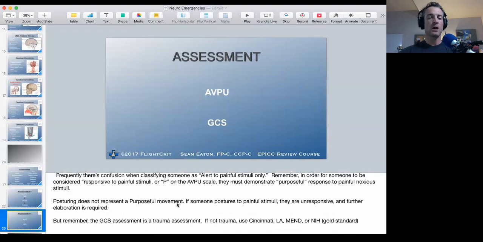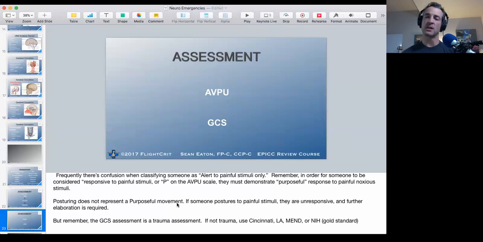The other thing is the GCS is a trauma assessment. So we use GCS a lot in assessing non-traumatic patients, but in reality, the Glasgow Coma Scale is a trauma assessment. And so whether or not it's actually a good representation of somebody's mental status when they have a medical emergency is open for debate.